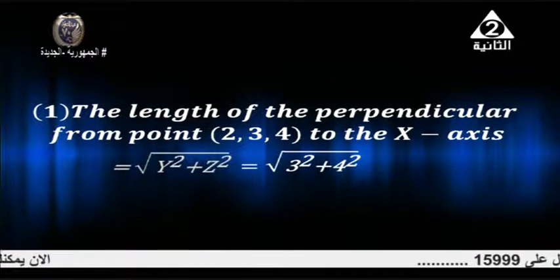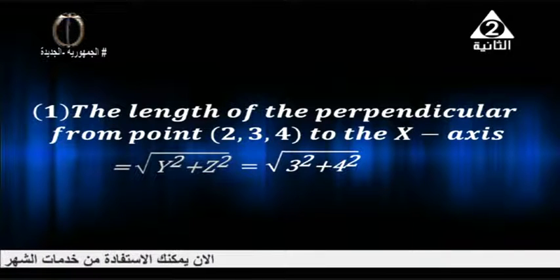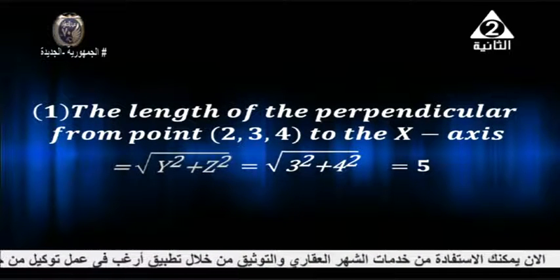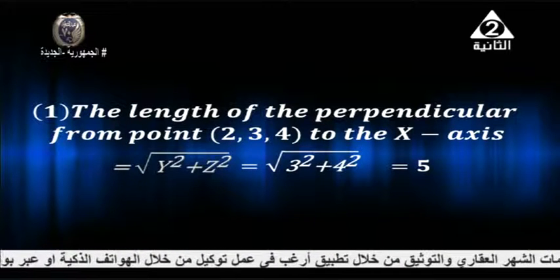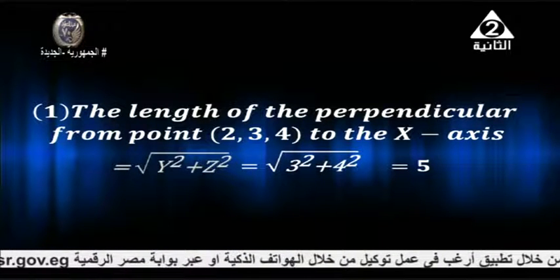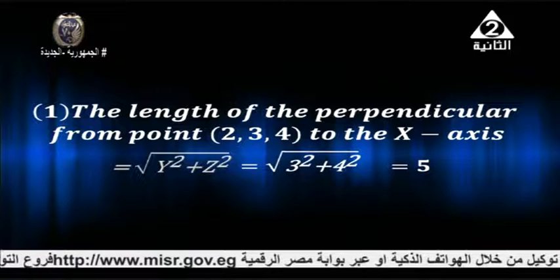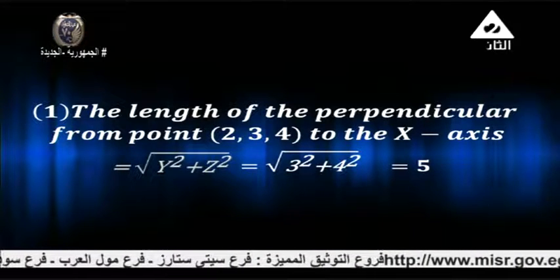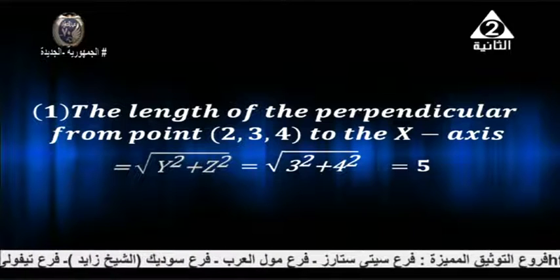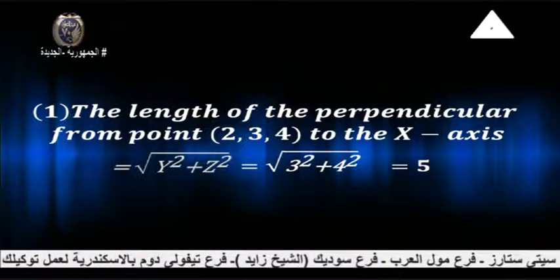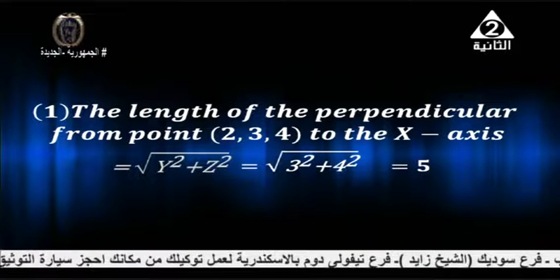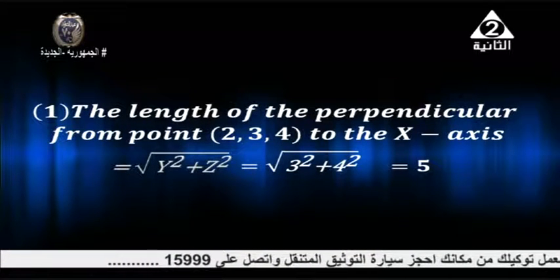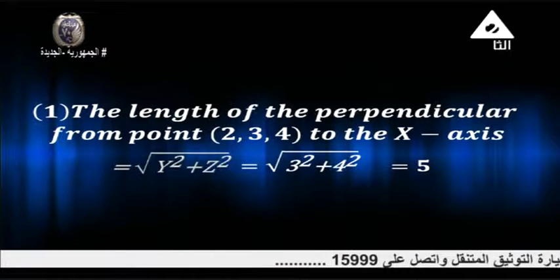The square root of 3 power 2 plus 4 power 2 equals 5. Don't forget, my dear students, if the required length of the perpendicular is from this point to the y-axis, it is the square root of 2 squared plus 4 squared. And the length of the perpendicular from this point to the z-axis is the square root of 2 power 2 plus 3 power 2.